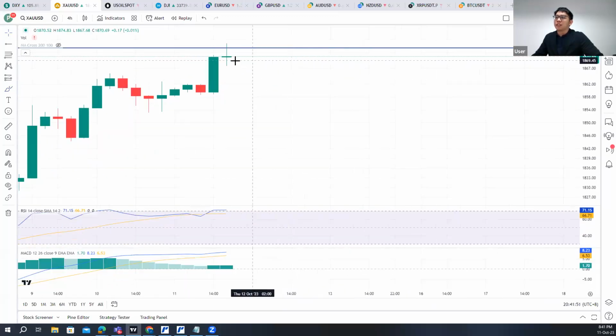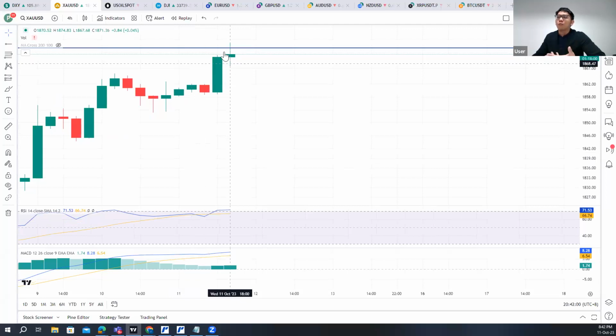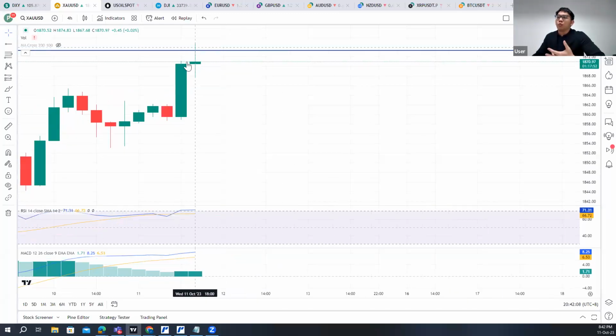Remember the previous slide that we shared? Here comes what we call a doji candlestick. A doji candlestick means that the market is in a dilemma, but we have another 1 hour for this candlestick to form. So we don't know how this candlestick is going to be. If it just happens to be a doji, what does it tell us?